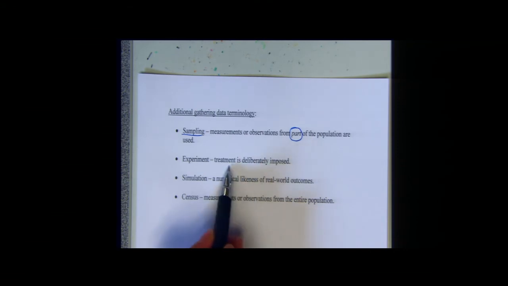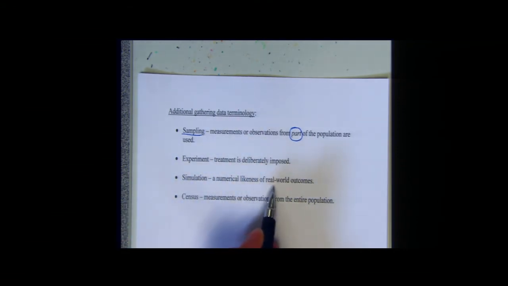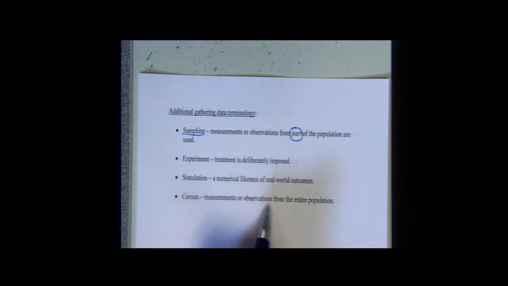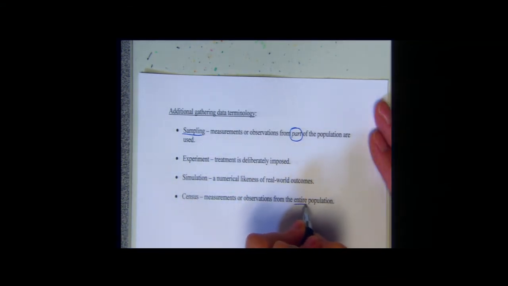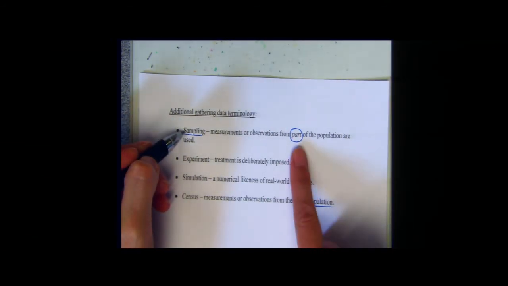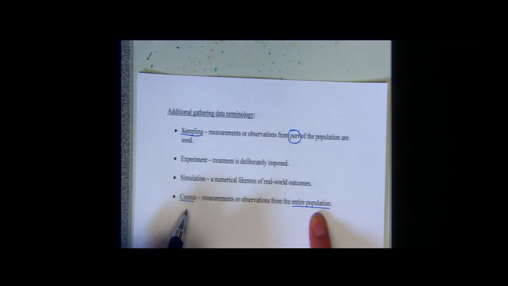This would be exercise. Simulation: a numerical likeness of real-world outcomes. We did a simulation of flipping a coin in the last section. Census: measurements or observations from the entire population. So sampling is from part of the population. Census is from the entire population. So that is just some additional terminology you need to be familiar with.